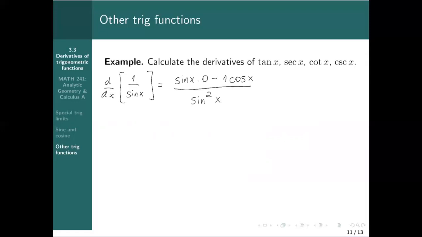So the first term in the numerator is going to be 0. The second term is going to be minus cosine of x. And then we have a sine square of x here. So I'm going to rewrite this as minus cosine of x over sine of x times 1 over sine of x.